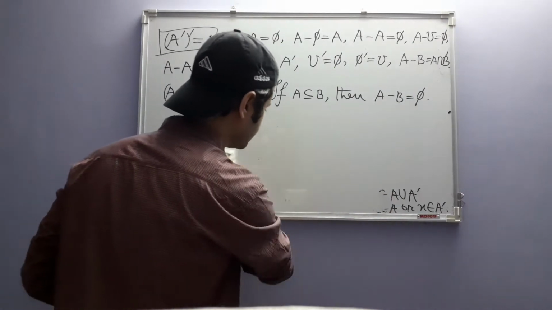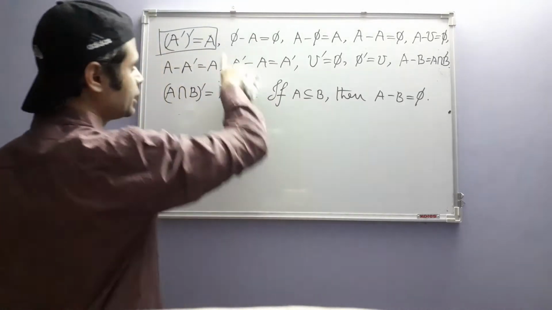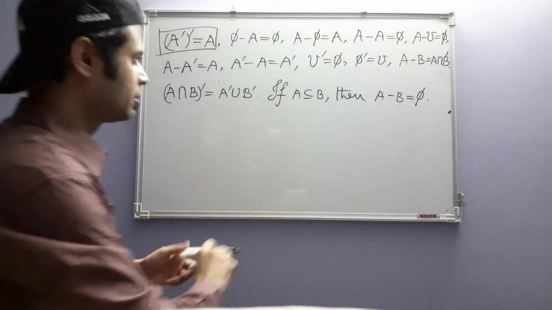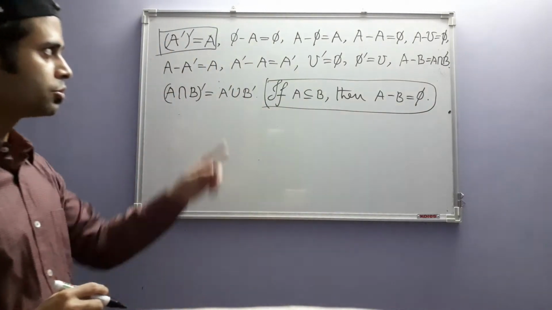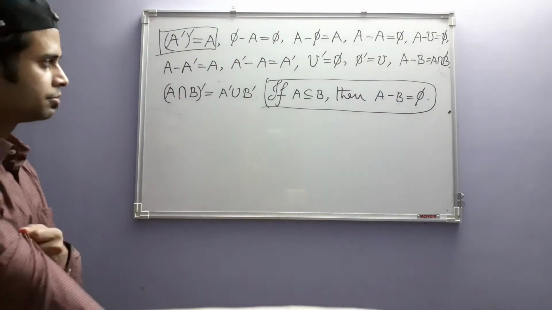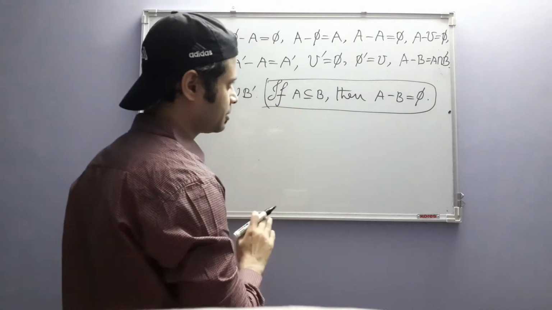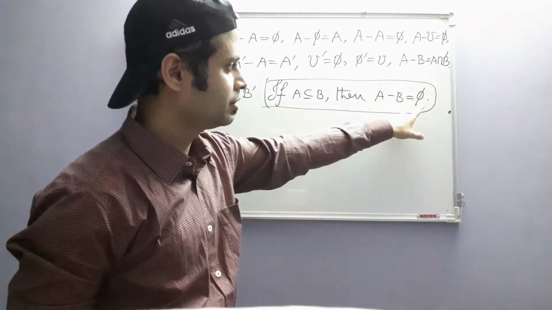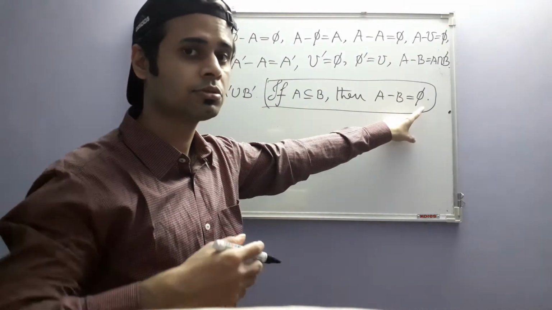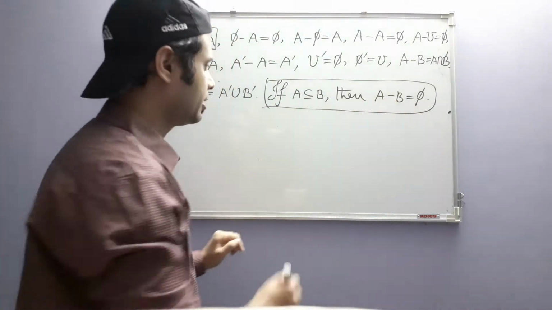Now after this, instead of going in the natural order, I prove this one because it can be used to prove many of them. If A is a subset of B, then A minus B has to be empty. Again you have to prove that some set is empty, so you start by supposing an element.